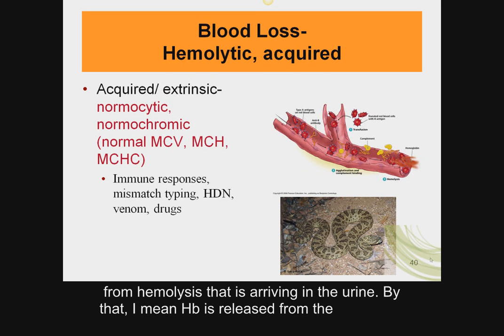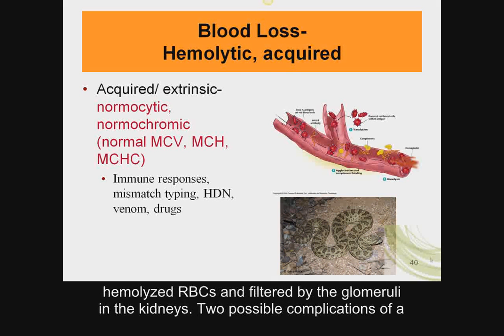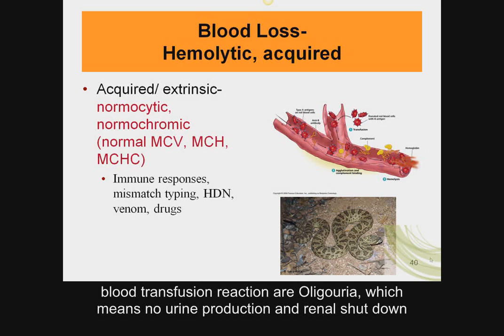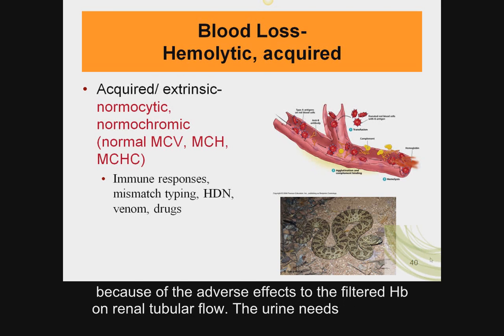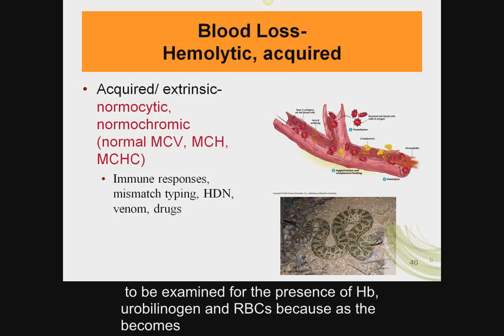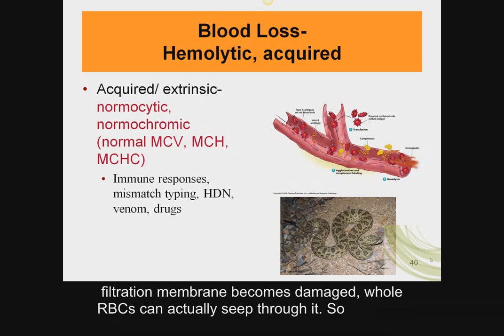Two possible complications of a blood transfusion reaction are oliguria, which means no urine production, and renal shutdown because of the adverse effects of the filtered hemoglobin on renal tubular flow. The urine needs to be examined for the presence of hemoglobin, increased amounts of urobilinogen, and red blood cells even, because as the filtration membrane becomes damaged after the transfusion, the filtration membrane can be compromised, and red blood cells can really just leak right through it.